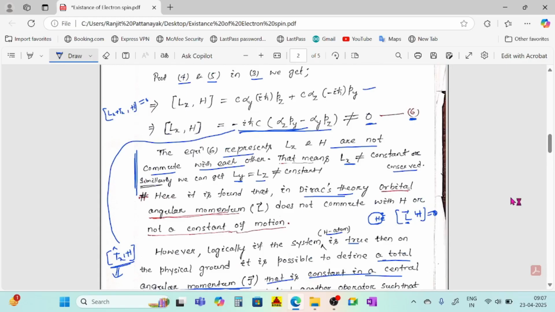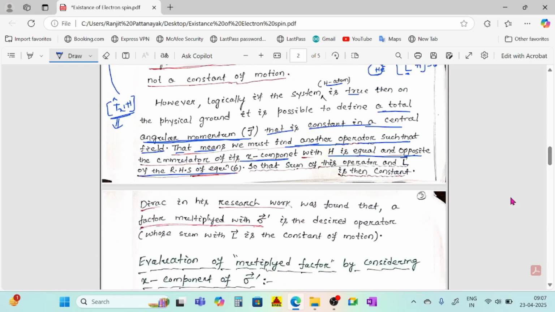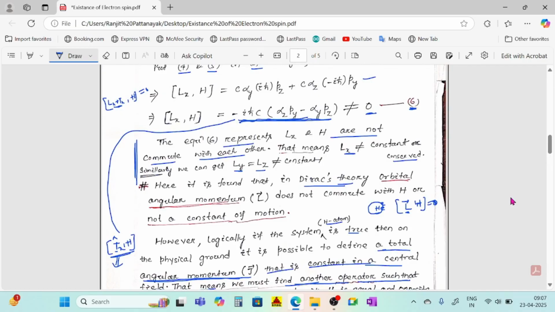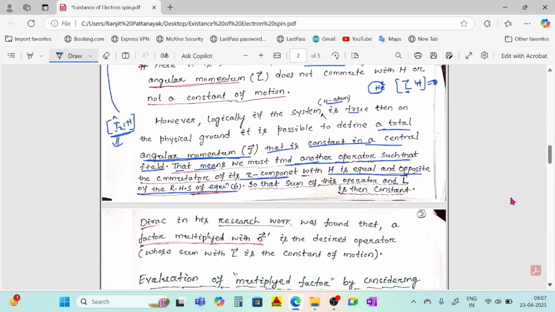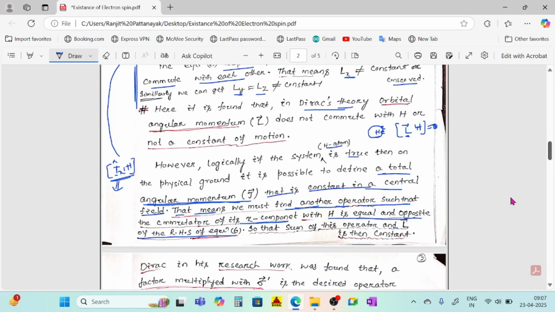The term on the RHS of equation number 6 must be equal and opposite, then it can be satisfied. So the sum of this operator Tx and Lx will commute with H, and is a constant of motion. These lines you have to write in your exam, as they are most important.